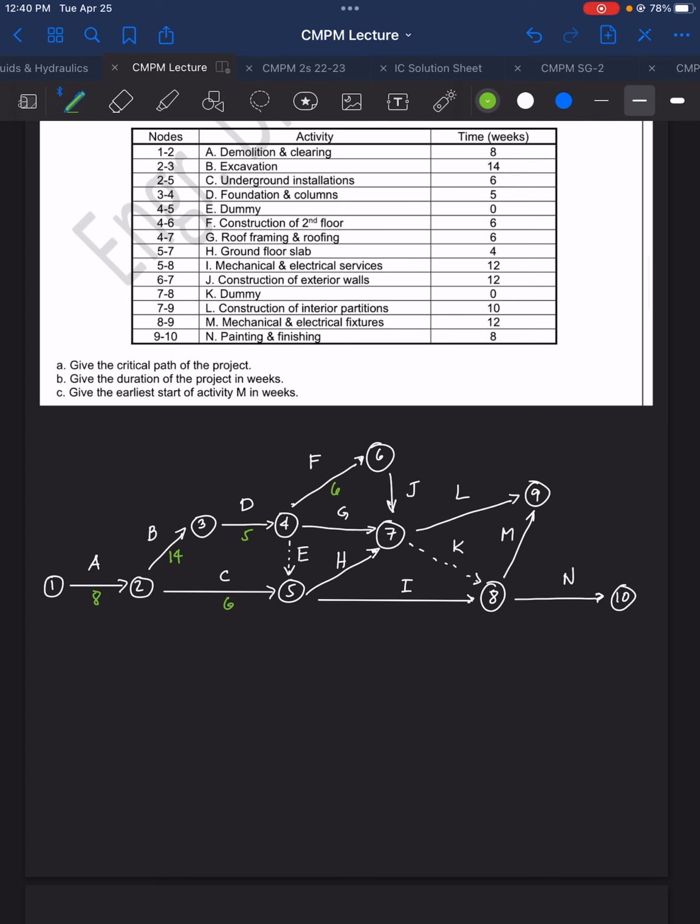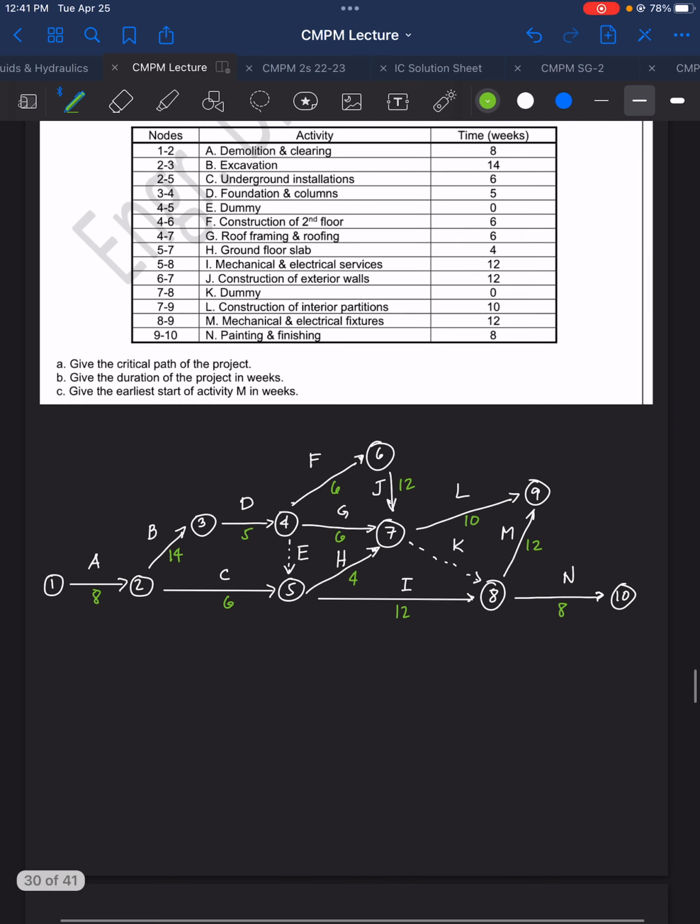For G, we have 6. For H, we have 4. I, we have 12. J, 12. So this is J, and the duration is 12. The L here is 10. And then we have M, 12. N is 8. Okay, so we now have the duration.